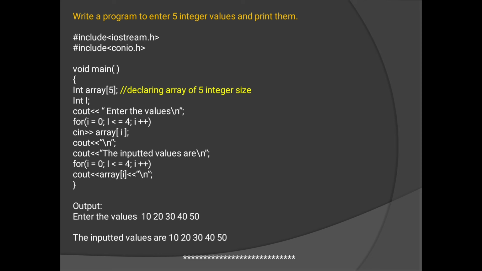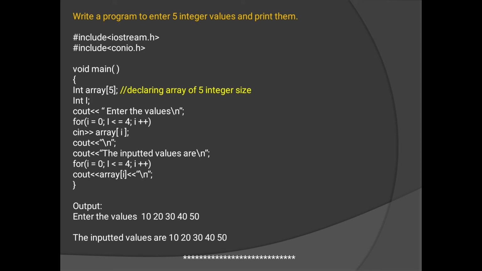The opening and closing curly braces represent the body of the main function. Here the return type of the main function is void, which means the main function does not return any value.